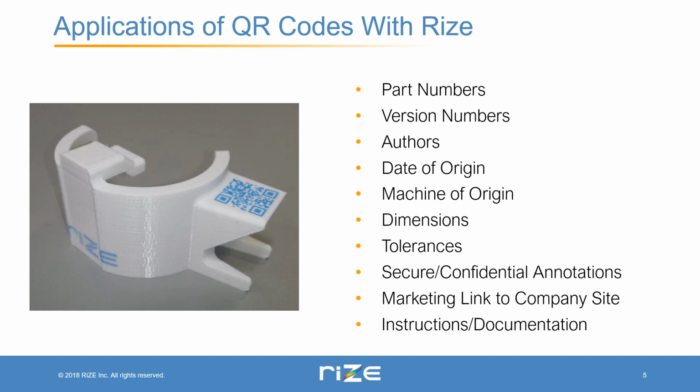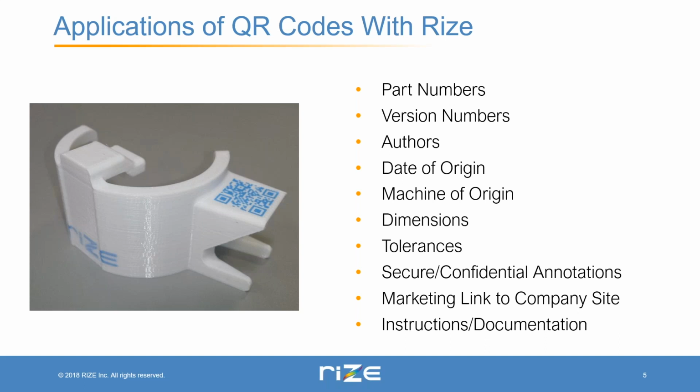By linking a QR code to a secure database with a gated login, any data stored on the part is accessible only by those with authorized access to the database. This allows parts to be annotated with classified or confidential information without exposing it to unauthorized users.